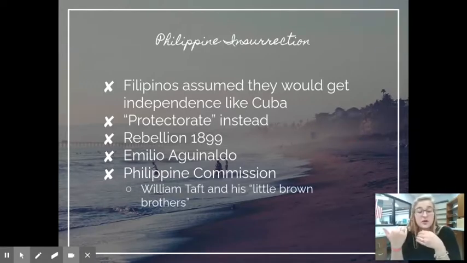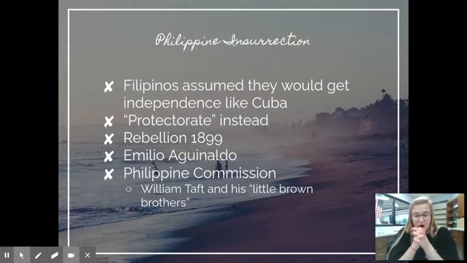The Filipino Commission is hired in Congress to make appropriate recommendations in 1901. William Howard Taft, who will be president eventually, called the Filipinos his little brown brothers. So you can tell how he's going to treat them in discussions of how the Philippines should be handled. The U.S. does do some good things there.